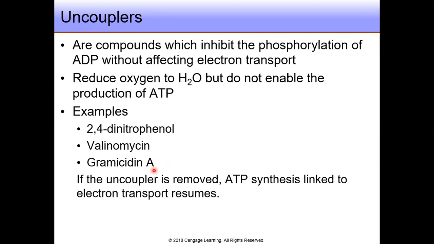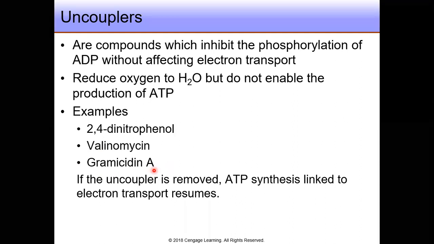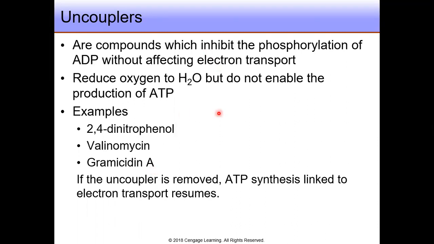Now, when mitochondrial oxidation processes are operating normally, electron transport from NADH or FADH2 to oxygen results in the production of ATP. This is the normal situation. However, when an uncoupler is present, oxygen is still reduced into water, but ATP is not produced.